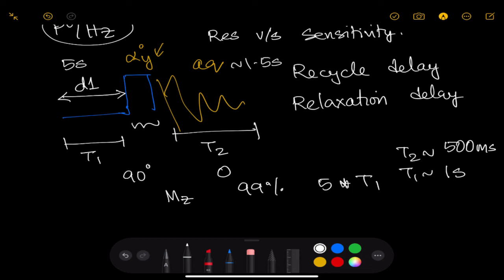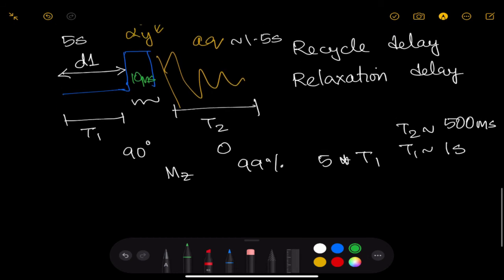Your pulse is going to be for a short duration. Let's assume a 10 microsecond pulse for a 90-degree excitation of the proton channel. The important thing to note here is that for most of the time, about 6.5 seconds for a given scan, you are sitting idle.